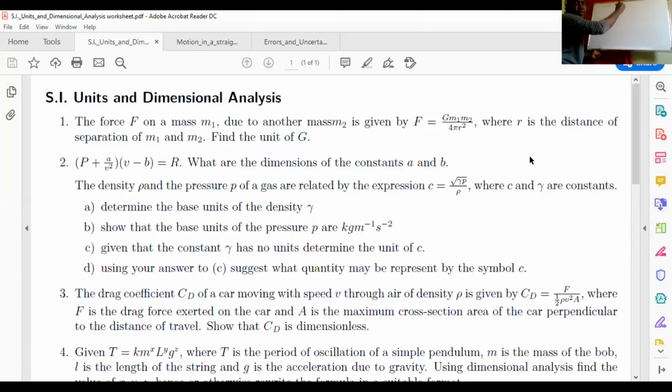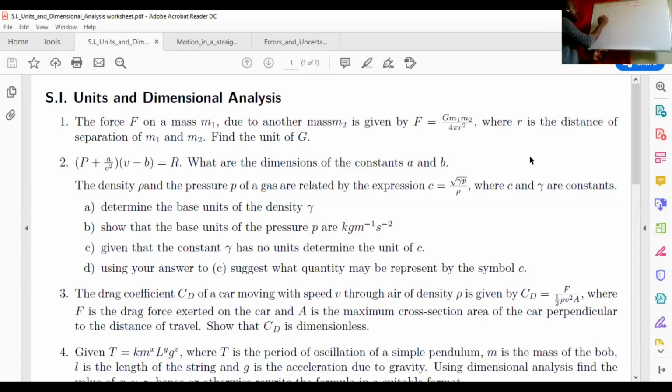On the left unit, we only have force. And we know force is equal to MA, right? So M is measured in kilograms, A is measured in meters per second squared. So your left side unit is kilogram meters per second squared.